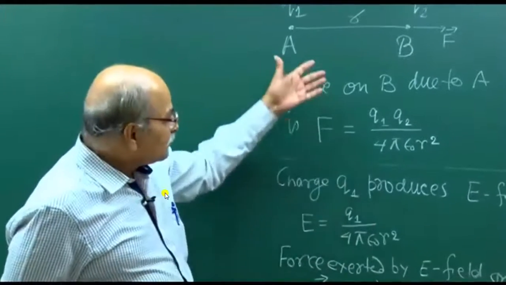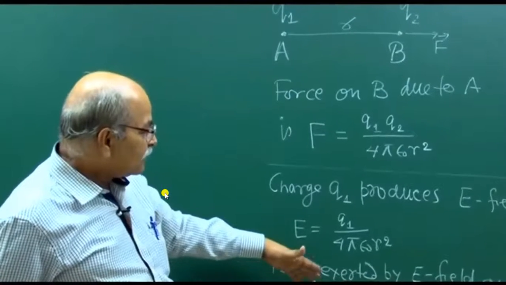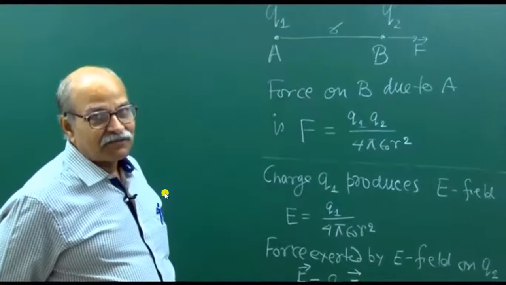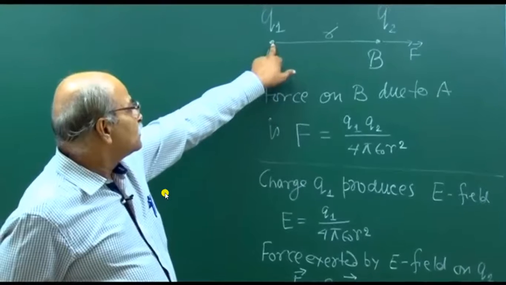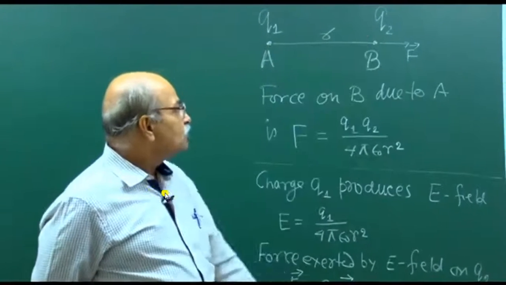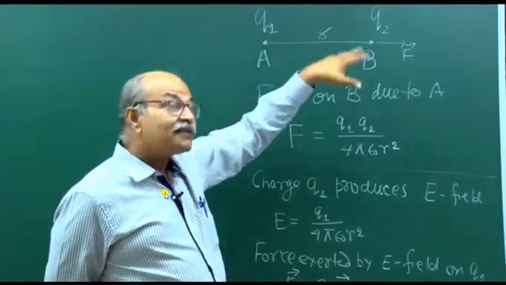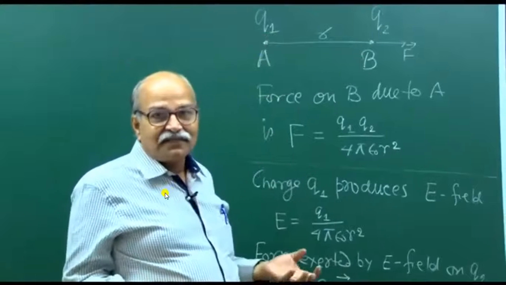So, that connection of force with electric field and the connection of electric field with the source charge must be well understood. If you want to know the force on Q1 due to Q2, the same procedure: Q2 produces its own field, and in that field Q1 finds that the field is exerting force.